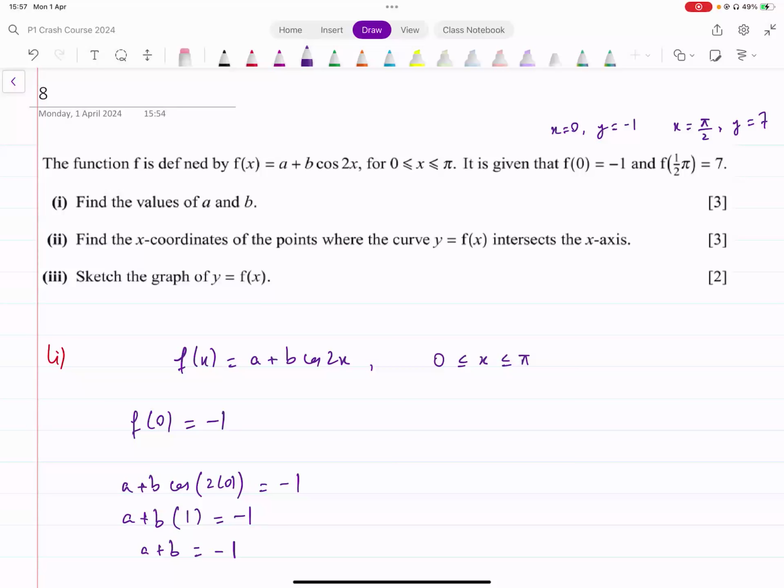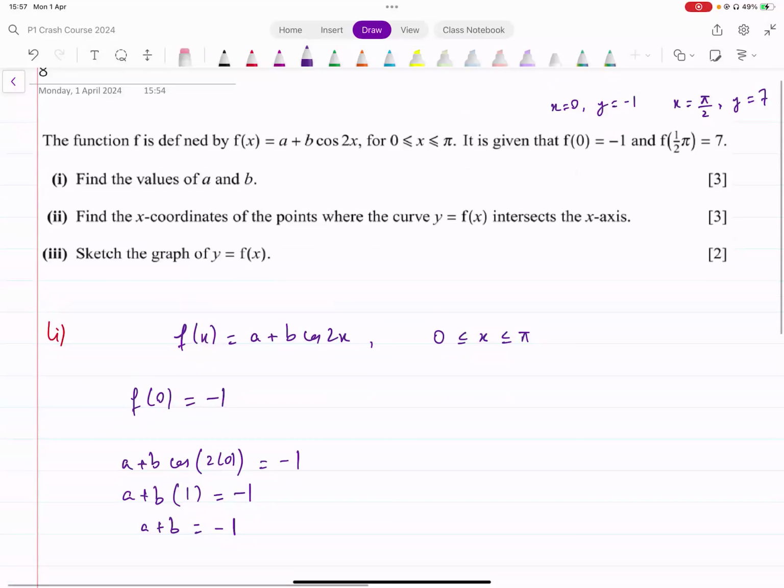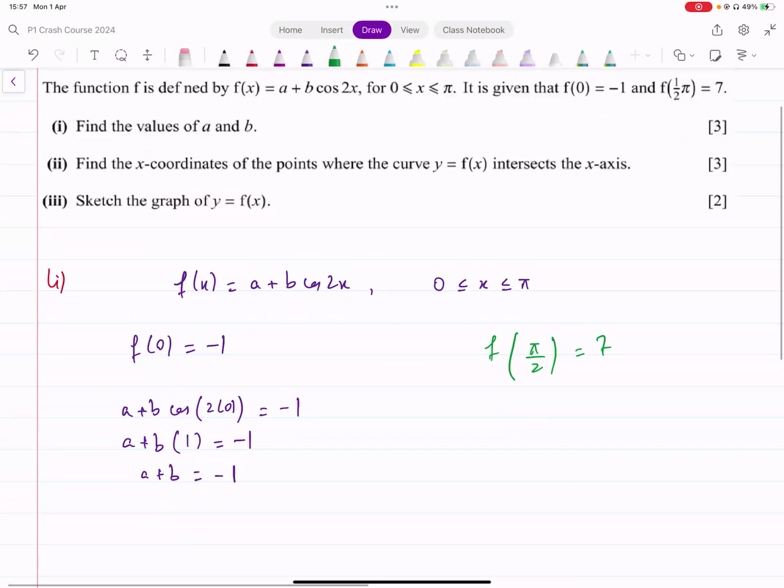So you just have to input these values. I've input x equal to 0 and y equals -1 here. And now you input x equal to pi over 2 and y equal to 7. So you say f of pi over 2 should equal 7. And that will give you a plus b into cos of 2 into pi over 2, that's just pi, equals 7.